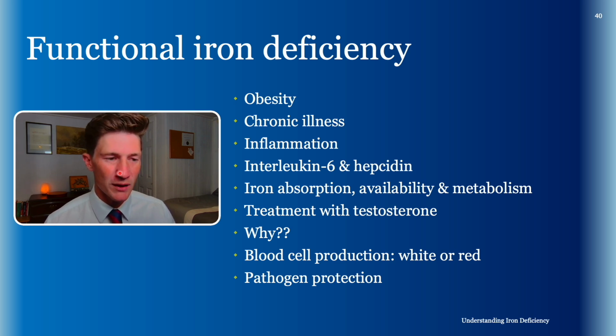And so your body preferences the production of white blood cells over red blood cells. And part of the way that it does that is it decreases iron availability, because iron availability is one of the things that can signal red blood cell production. This is at least the theory. I believe that is mostly right.